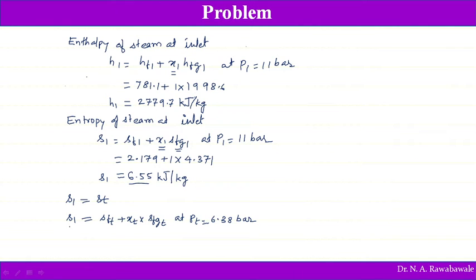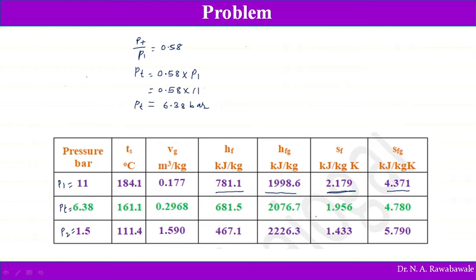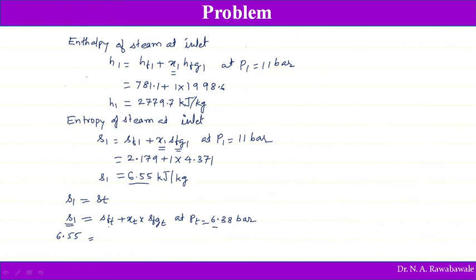Now the left hand side of this equation is at pressure of 11 bar and the right hand side is at pressure 6.38 bar. Left hand side we know, that is 6.55, which is equal to SFT. SFT at 6.38 bar is 1.956.